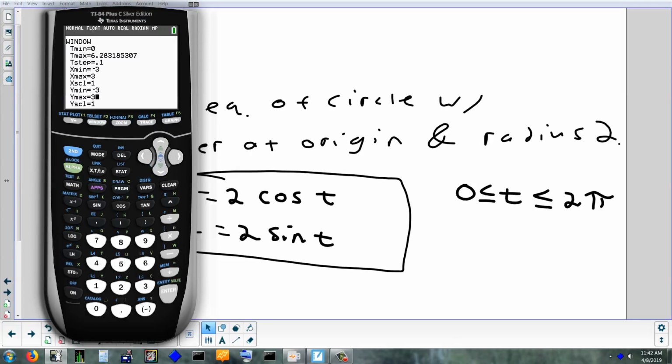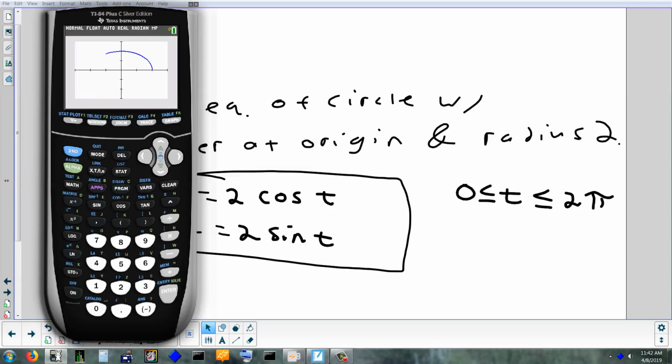Now, look at the shape of the screen on the calculator. What shape is the white screen? It's a rectangle. Rectangles are wider than they are tall. So what's going to happen is if you set the x min and max to -3 to 3 and y min and max to the same thing, your image is going to look distorted.